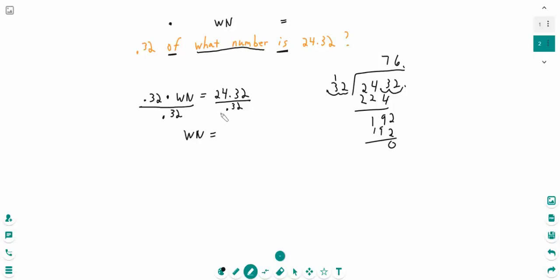All right, so it's 76. So the number is 76. So 0.32 of 76 is 24.32. All right, so again, the process is exactly the same. We're just dealing with decimals here instead of fractions or whole numbers.